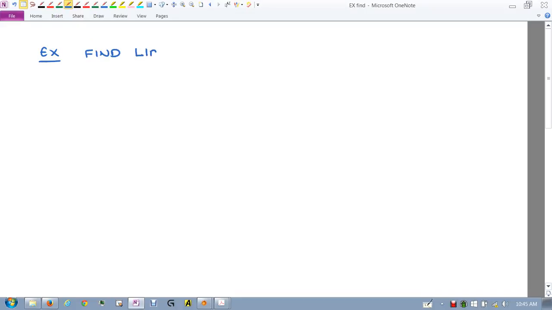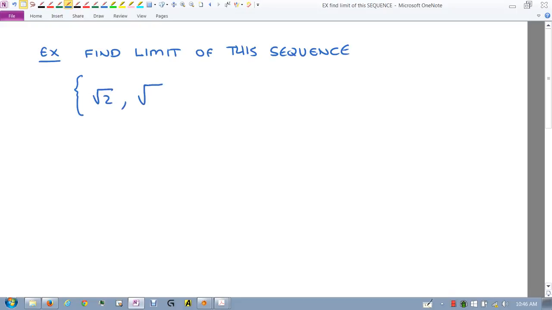Find the limit. This is going to be our last problem. We'll take a break. Of this sequence. So I'm going to list these out as a list. Root 2, root 2 times root 2, that's multiplication, not addition.